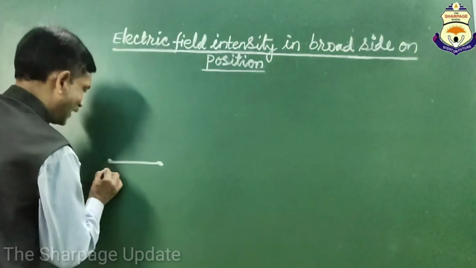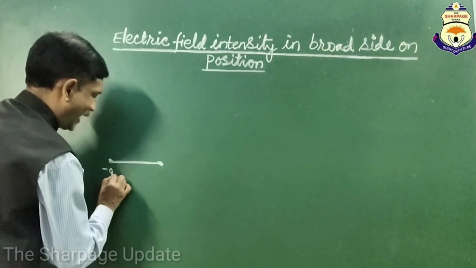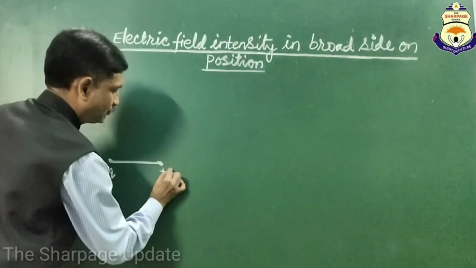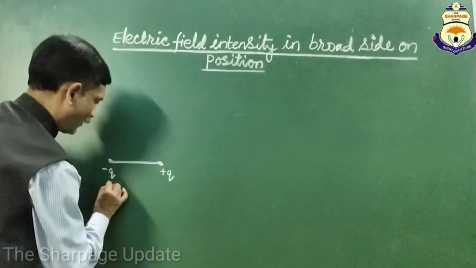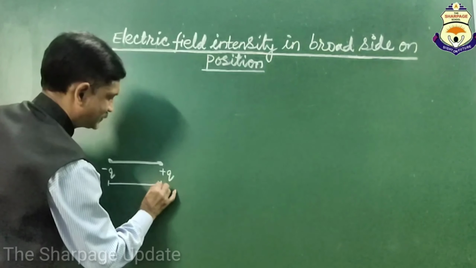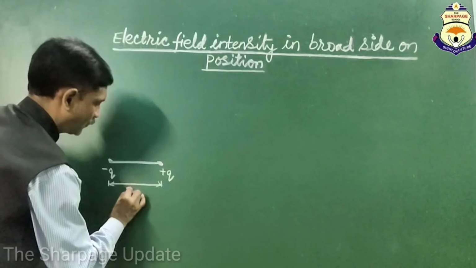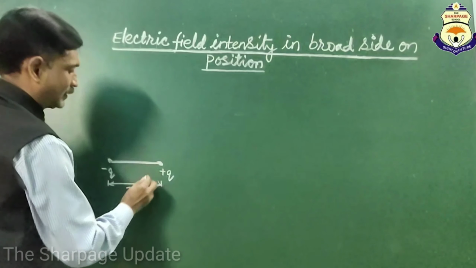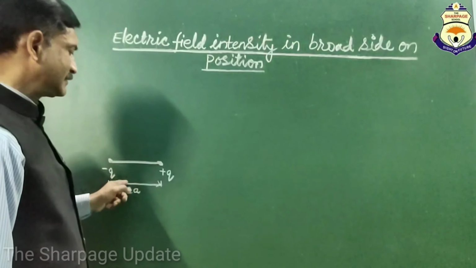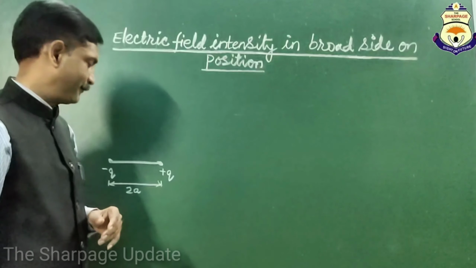So here let minus Q and plus Q, two charges, be kept at a very small distance, at a separation of twice A. The separation between these two charges is represented by 2A.